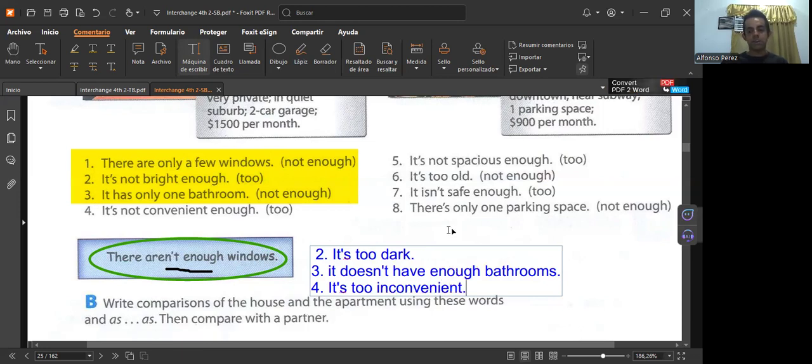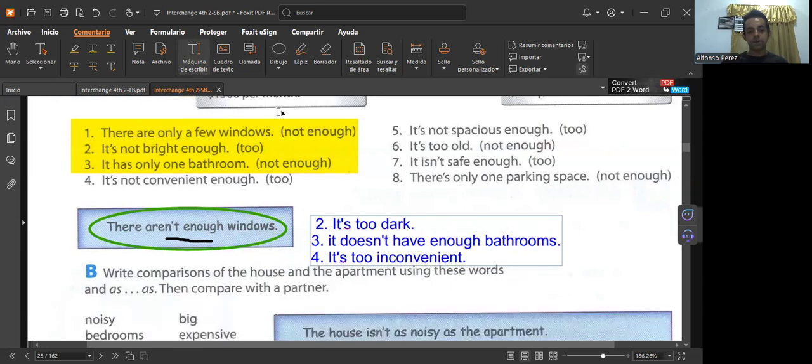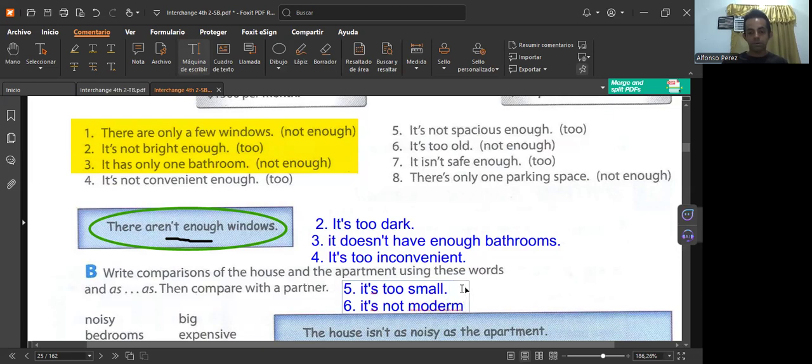Number 5, it's not spacious enough, so I can say it is too small. Number 6, it's too old, so I say it's not modern enough.